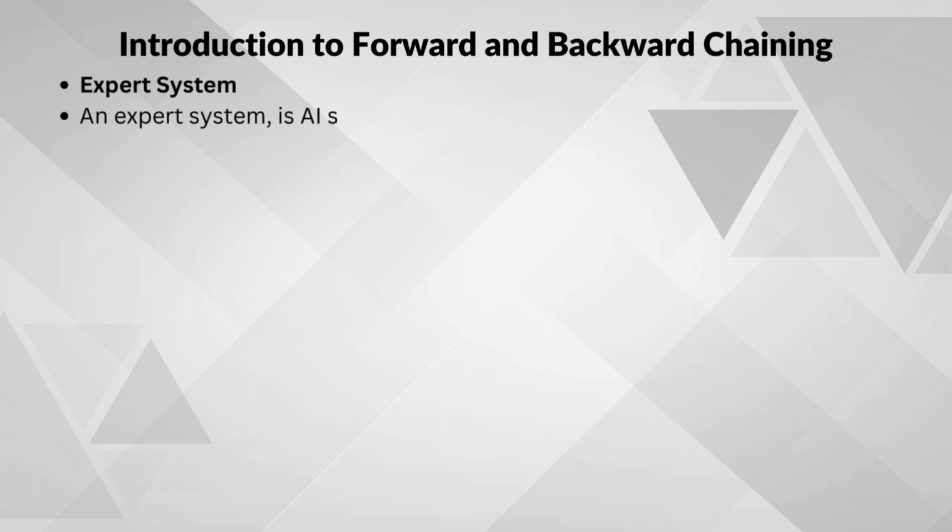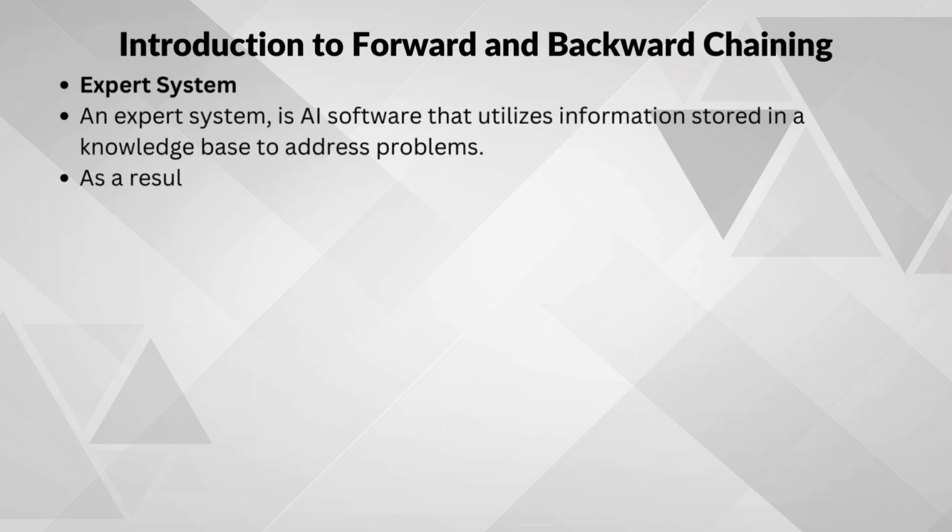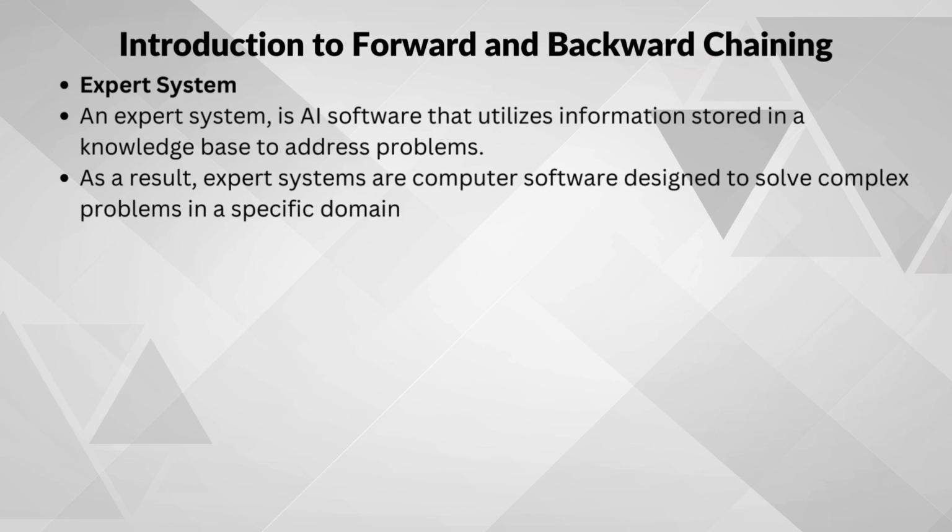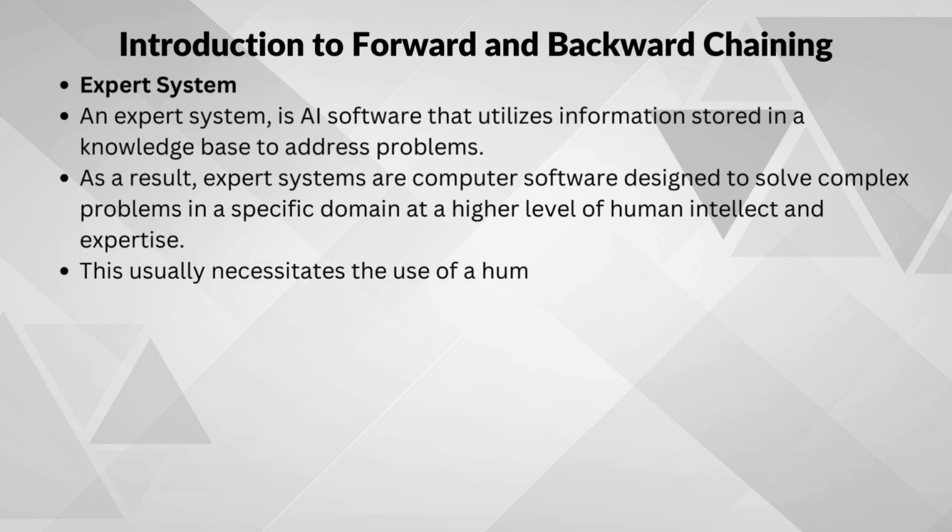So, before moving to the details of forward chaining and backward chaining, let us first understand what is expert system. So, what is an expert system? It is a super duper clever software that uses a special thing called a knowledge base. Imagine it as a brain filled with facts, rules and ideas ready to help us out.